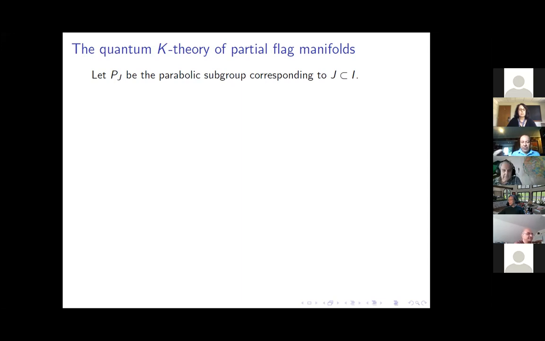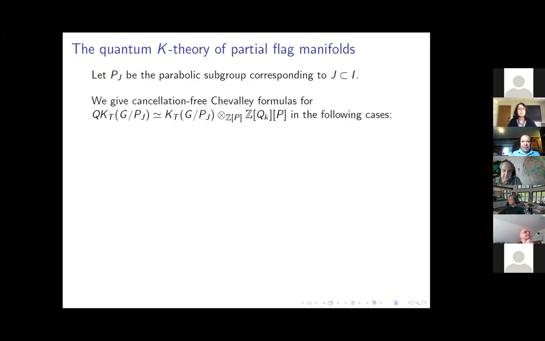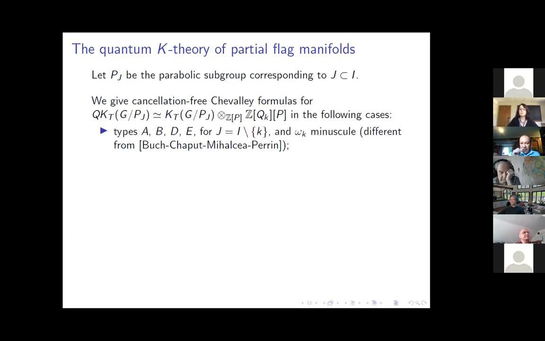You first do it for G mod B, and then you specialize to partial flag manifolds. So here we'll be able to give cancellation-free Chevalley formulas for quantum K theory of partial flag manifolds with additive structure defined in the usual way in the following cases.